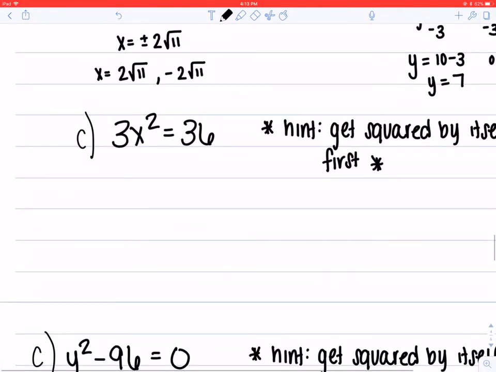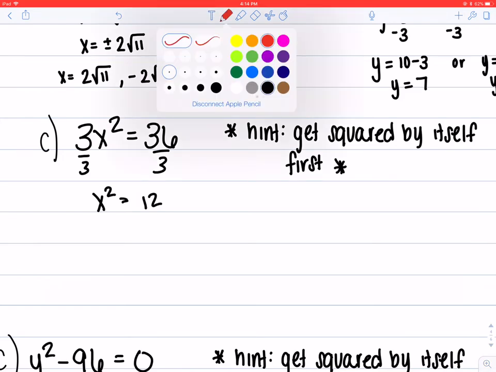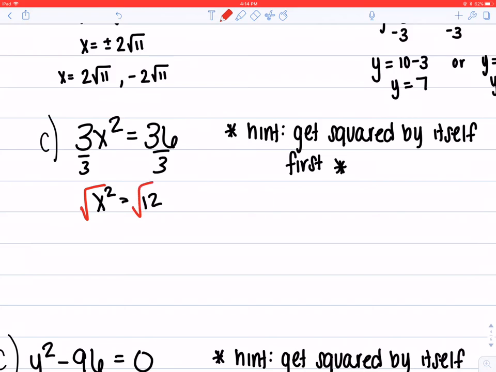So in these last 2, the first thing you're going to have to do is get the squared by itself. So here I have 3x squared, and I just want regular x squared. So how do I get rid of 3 times x squared? Well, I divide both sides by 3, and I get x squared equals 12. Now that the squared is by itself, I'm going to square root both sides.